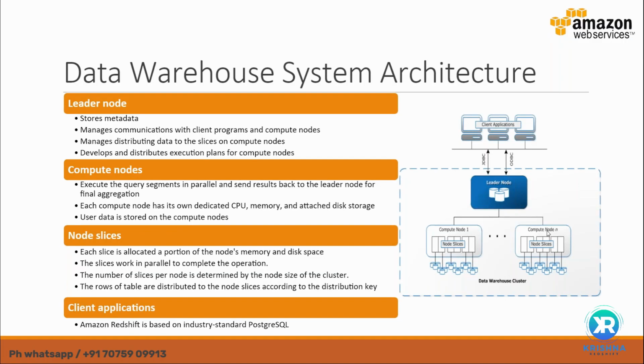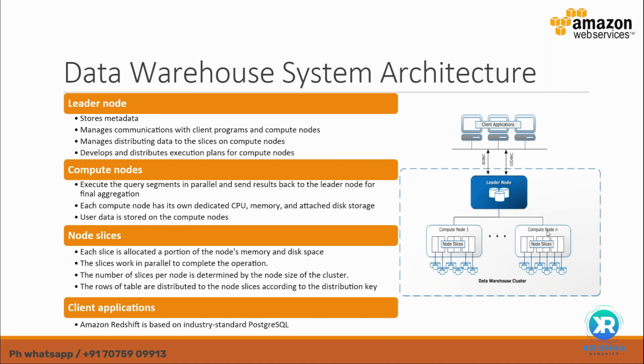The leader node also stores metadata, which means it stores the data dictionary. Data dictionary means information about all the tables, views, and objects. It knows what tables are available in this Redshift, what the stored procedures are, and what the users are.